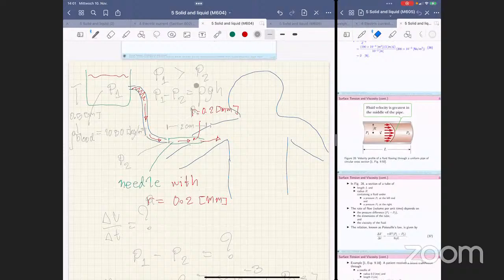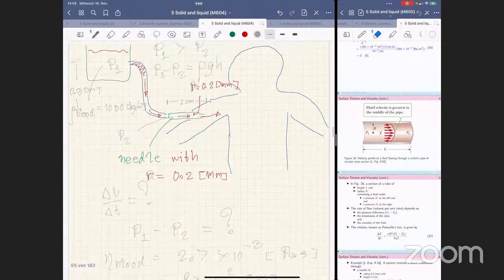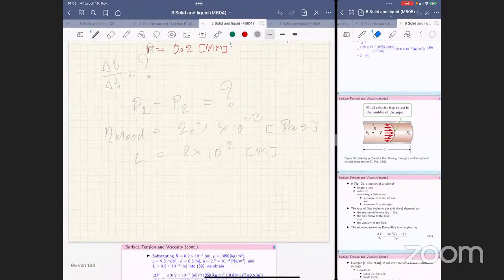All right, so let's go to the Poiseuille formula. Delta V by delta T is equal to pi R to the power of 4, and the pressure difference is rho g h, divided by 8 eta L, right?